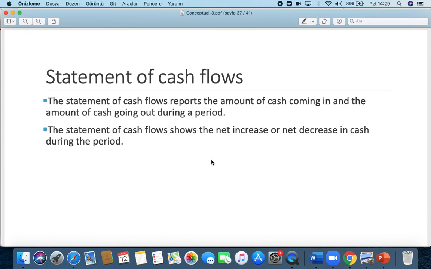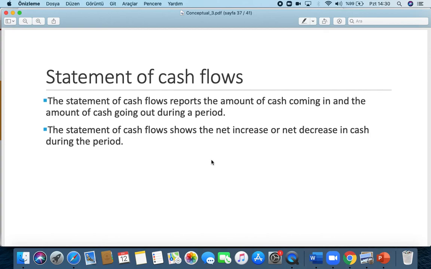And to me, a very important statement of cash flows, okay? This shows the cash flows. Look, cash flows. When I contrast cash flows with accrual accounting, you're going to see the difference at that time. Accrual accounting is what accounting is dealing with.